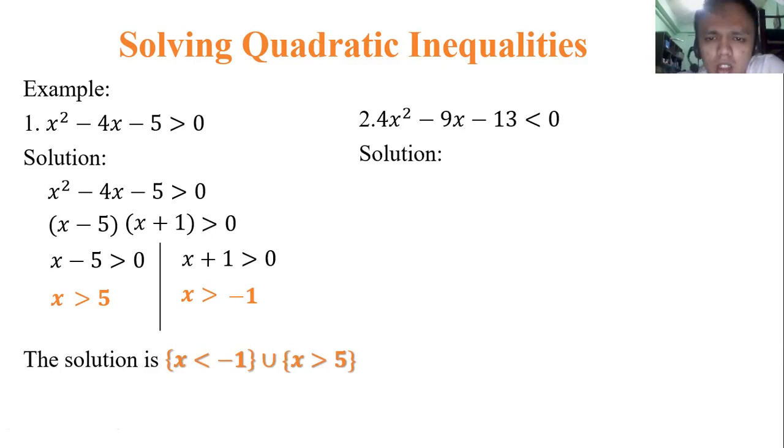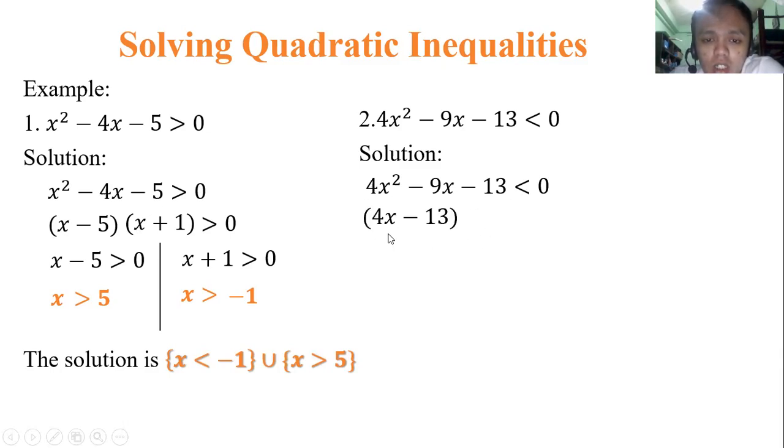Okay? Again, try natin yung factoring method here. But kasi nga yung numerical coefficient natin or yung leading coefficient natin here is 4, greater than 1. First thing to do is to multiply 4 times 13.